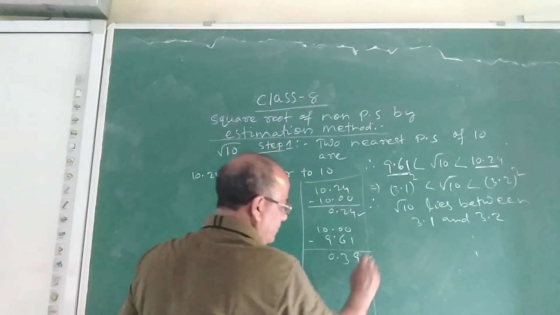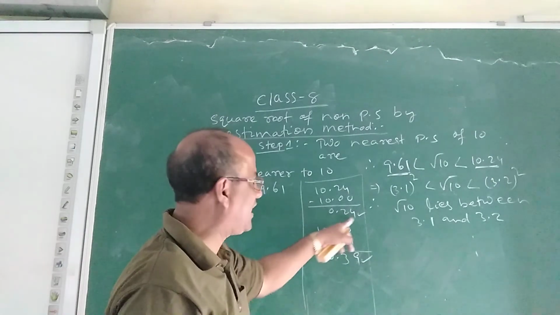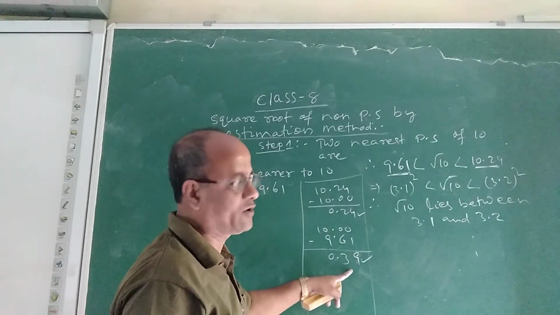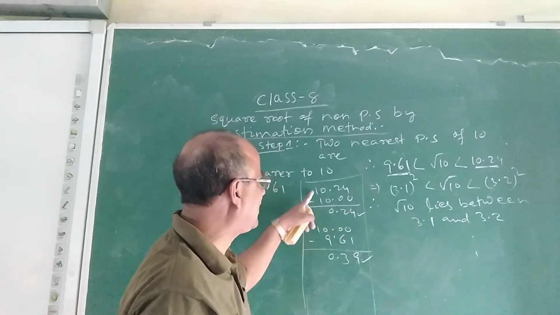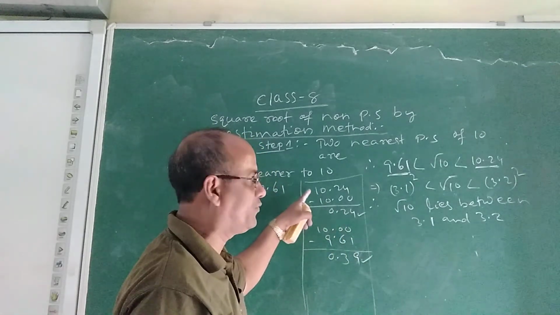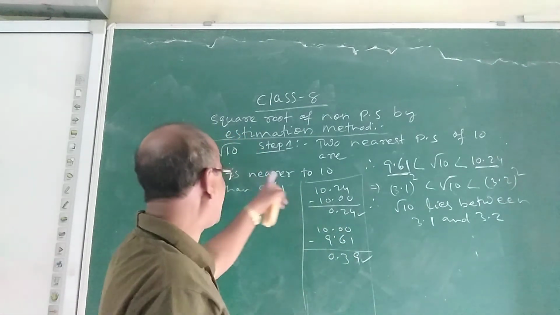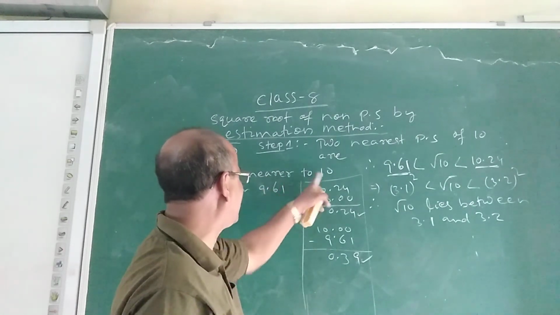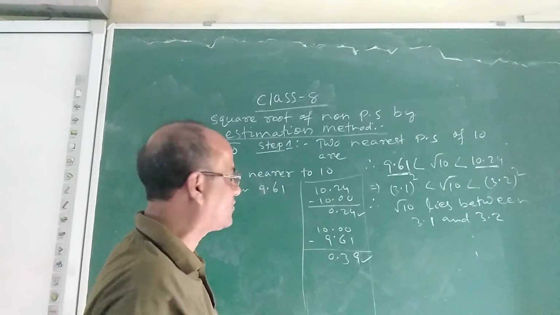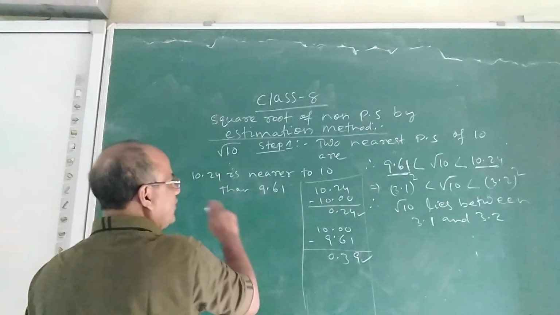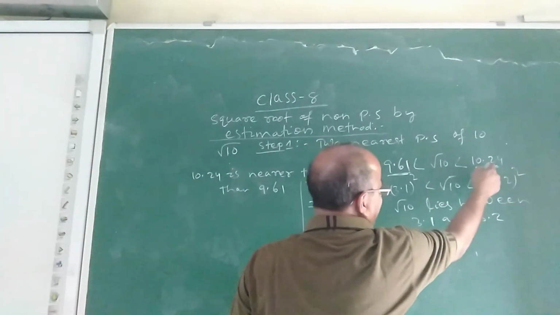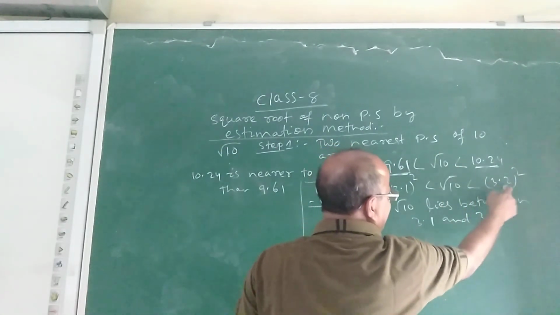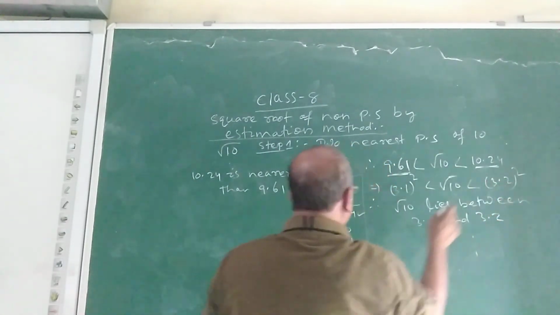Between these two, which one is smaller? Definitely 0.24 is smaller than 0.39. So as this is smaller, definitely this number is closer. 10.24 is nearer or closer to 10 than 9.61. Therefore this will be the square root, 3.2.